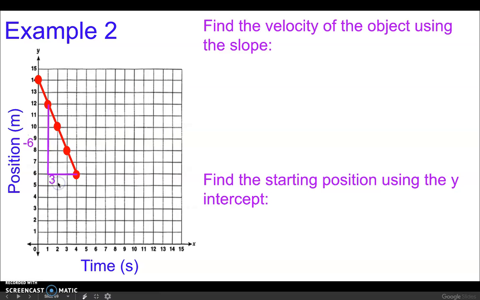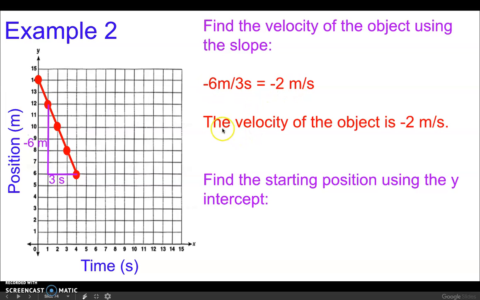And the time should always be positive. Time is 3, 1, 2, 3. So this is negative 6 meters. This is 3 seconds. Negative 6 meters divided by 3 seconds is negative 2 meters per second. So the velocity of the object is negative 2 meters per second.